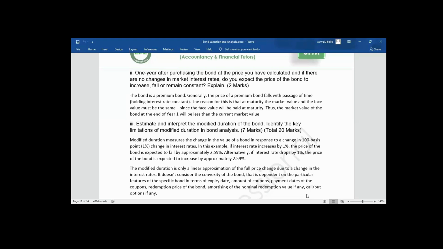For example, if interest rate increases by 1%, the price of the bond is expected to fall by approximately 2.59%.